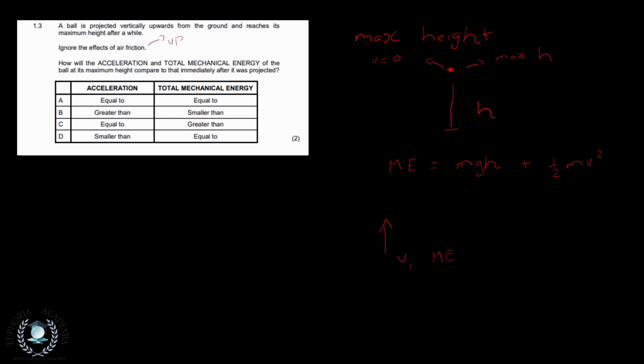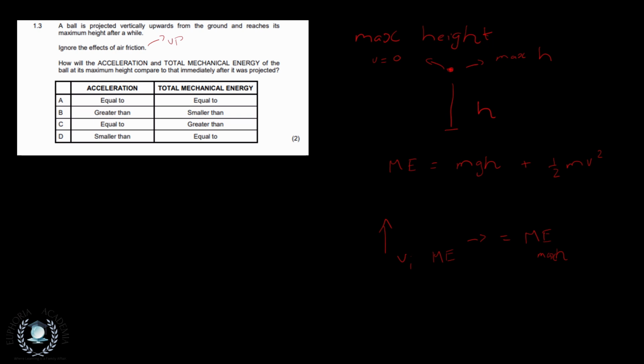It will have some velocity and some potential energy depending on where the ball is launched from, but all of this will be equal actually to the mechanical energy at that height max h, because of the conservation of energy. So we already know that it's going to be equal to.